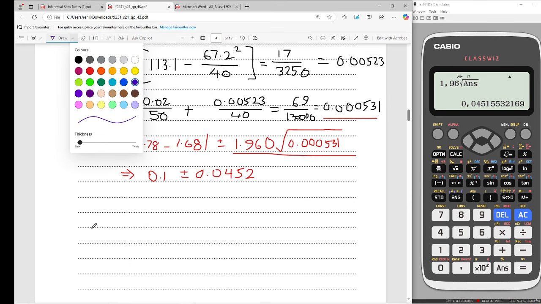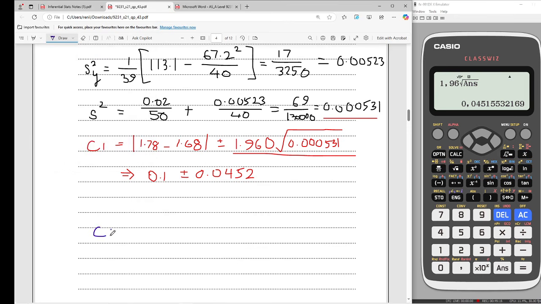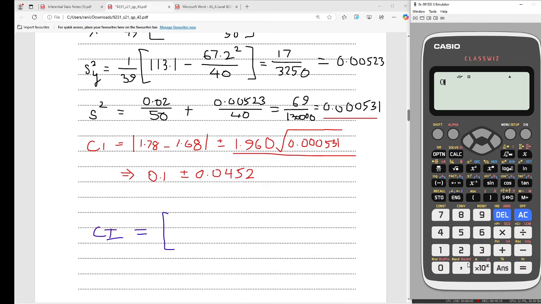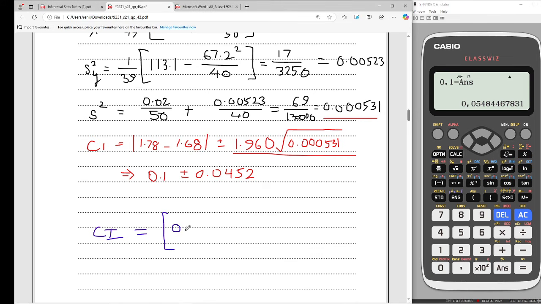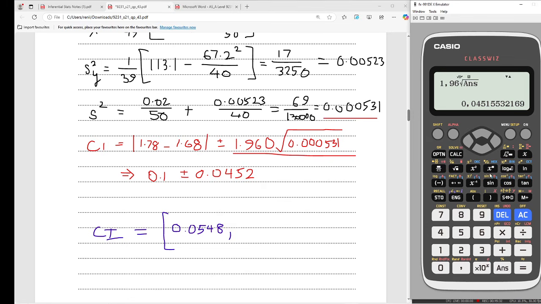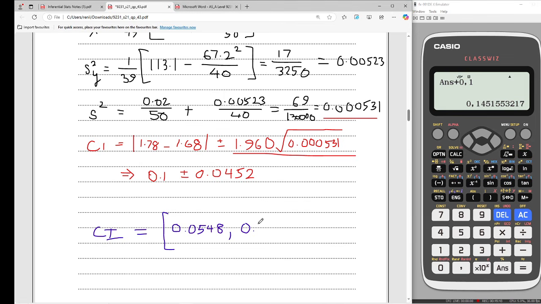So let's perform the x value first. So your confidence interval equals to, let's do 0.1 minus answer, which is 0.0458 0548, comma that with your answer was this, and then now we add 0.1 to it and we get 0.145.